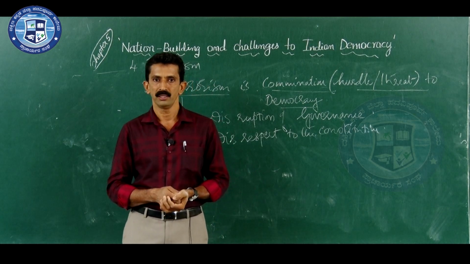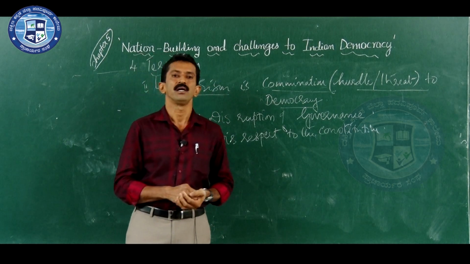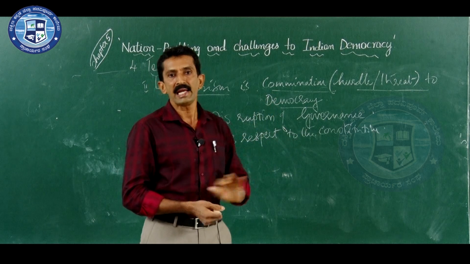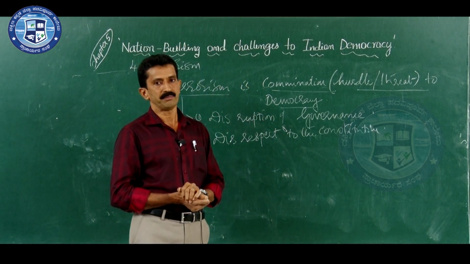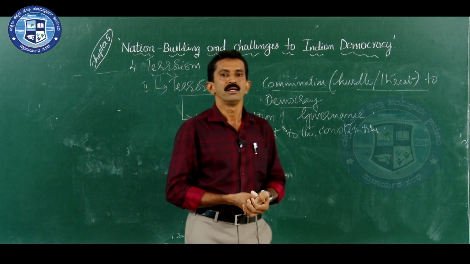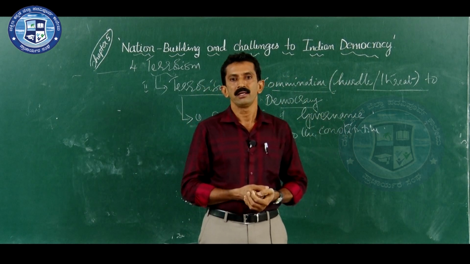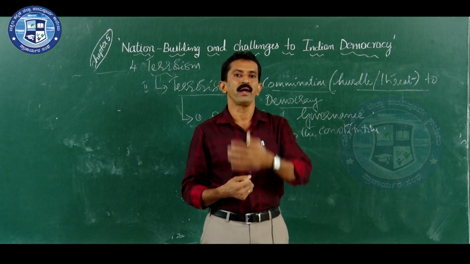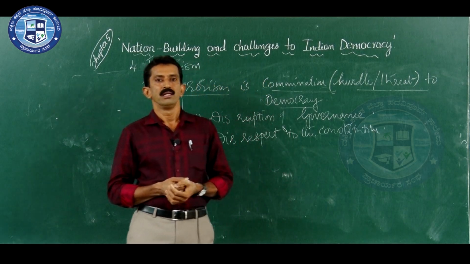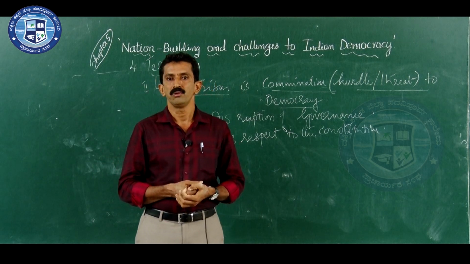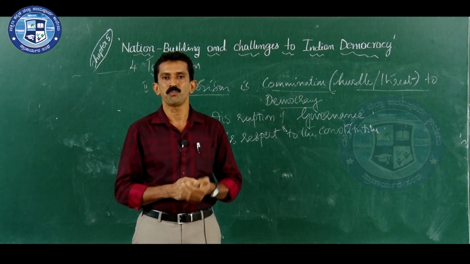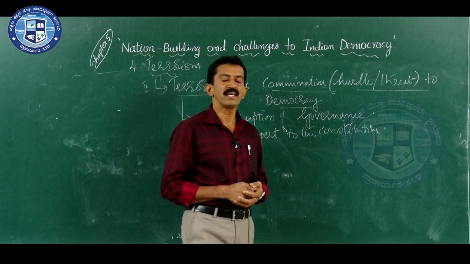How are they forcing the government to fulfill their demands? One example I can give here is from December 1999. An Indian Airlines plane, traveling from Kathmandu to Delhi, was hijacked by terrorists, and the terrorists landed this flight in Kandahar in Afghanistan. It carried nearly 160 passengers.